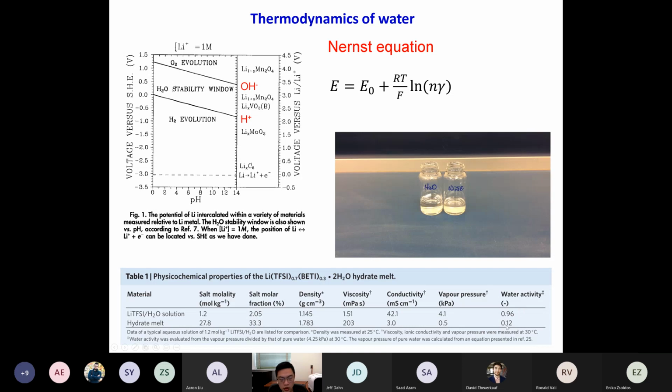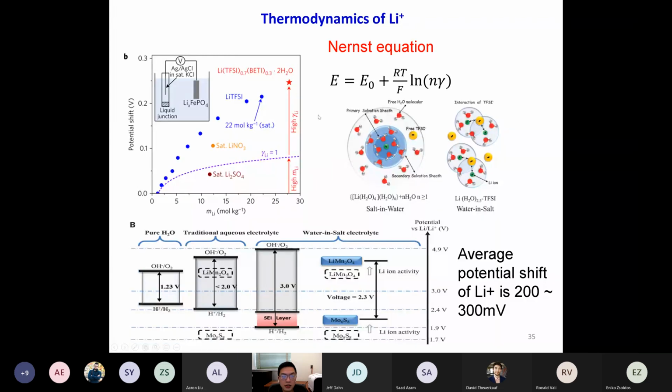But the water-in-salt electrolyte has a water activity about 10 times lower than pure water.